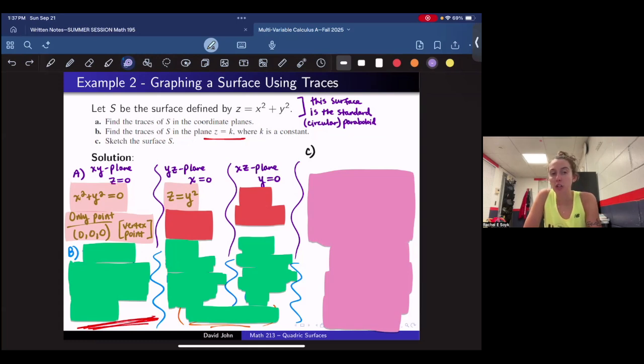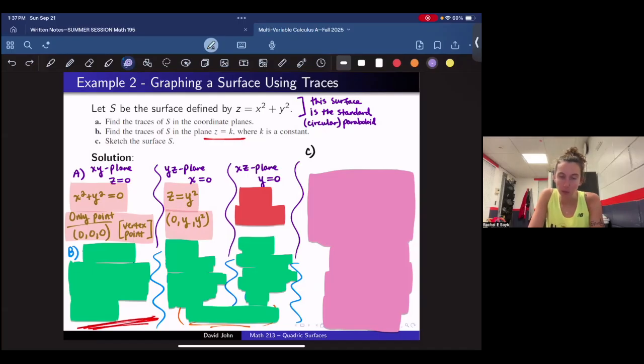So we should keep this variable oriented. If y is our y coordinate, then our z is just y squared and our x is just 0. So the point we're looking at is 0, y, y squared.